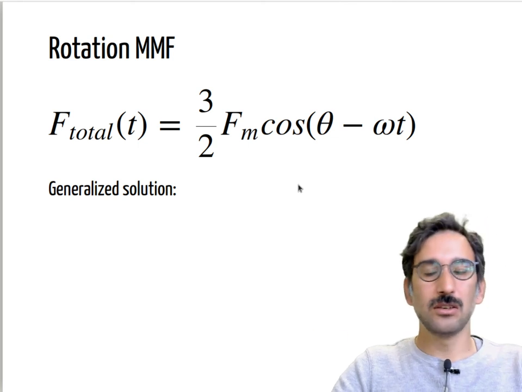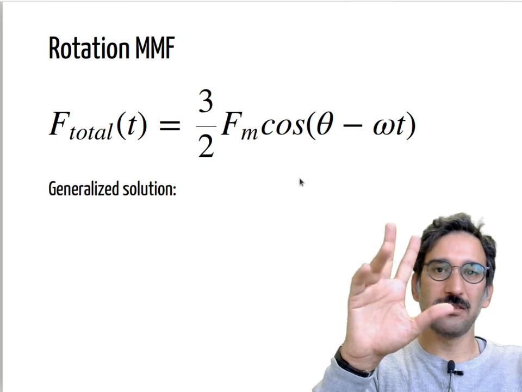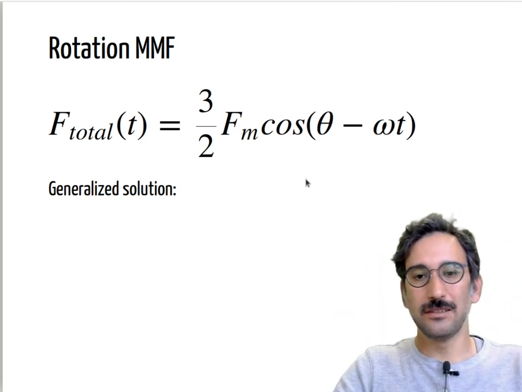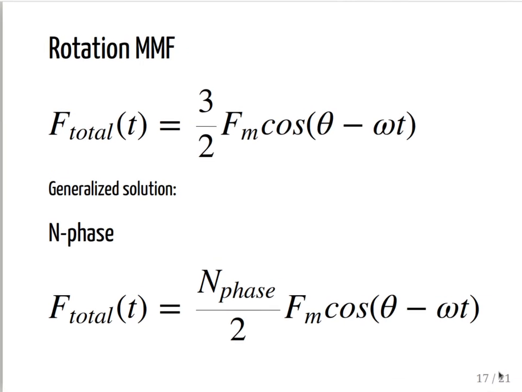And actually it doesn't have to be just for 3 phases. If you have a 5 phase system, you can still have the rotating MMF, but it will not be 3 over 2, it will be 5 over 2. In the generalized case, you have M phases shifted by 360 divided by the number of phases.